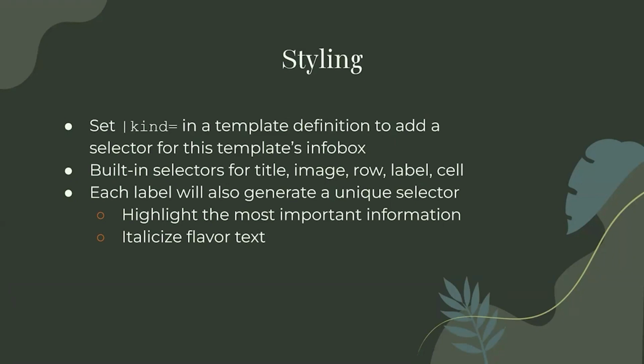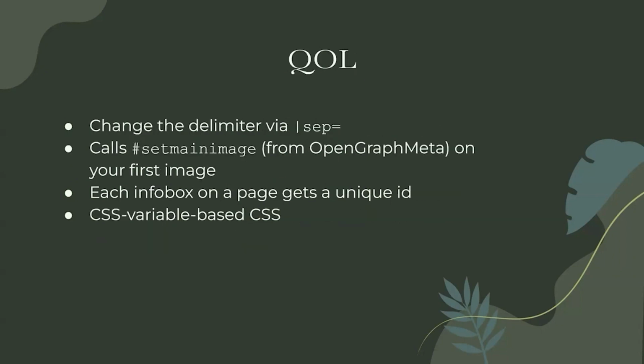If you want certain things to be a certain color or something, you can always index into that using the field specific selector. You can also change the delimiter if you don't like comma. I'm defaulting to comma for everything, but if you'd rather use semicolon, if you'd rather use multiple commas, it can be a multi-character long separator if you want.